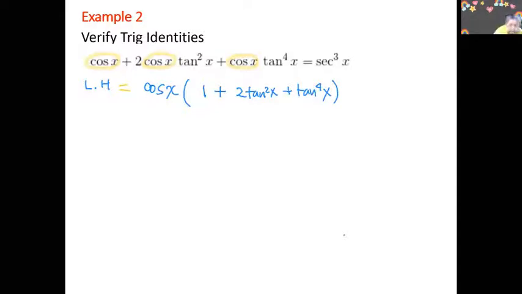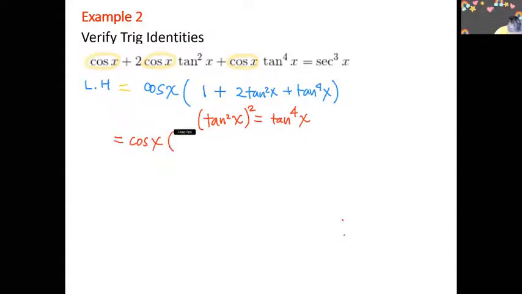But what we notice there is that tangent square of x, squared, will be tangent x to the power of 4. Then we can utilize the trinomial factoring method. So it's going to be cosine x outside.